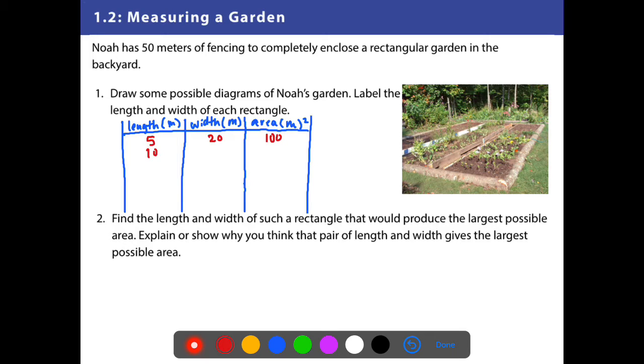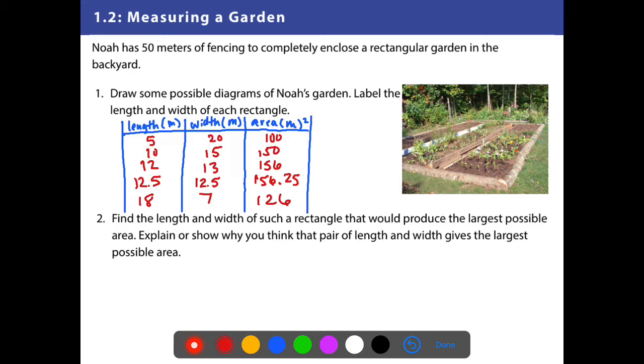So length of 10, 15, and 150, 12, 13, and 156, 12.5, 12.5, 156.25, 18, 7, and 126. So these are just a few examples.